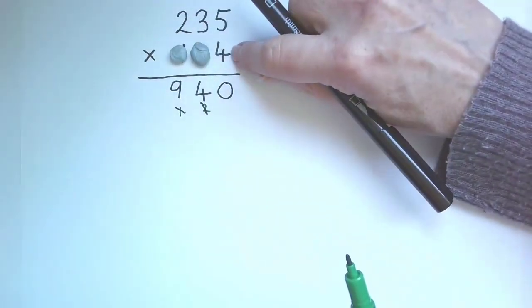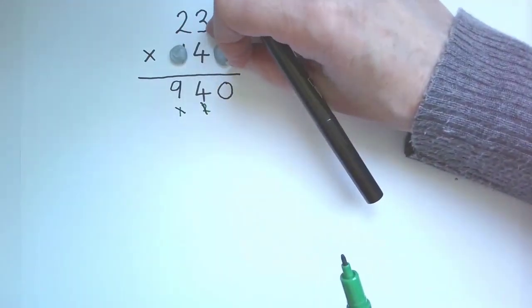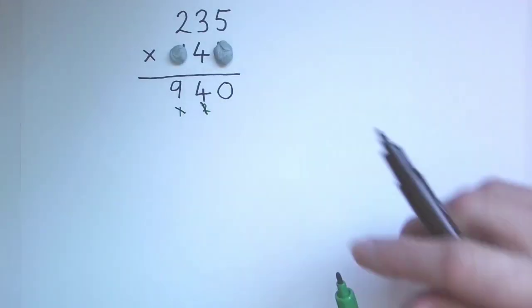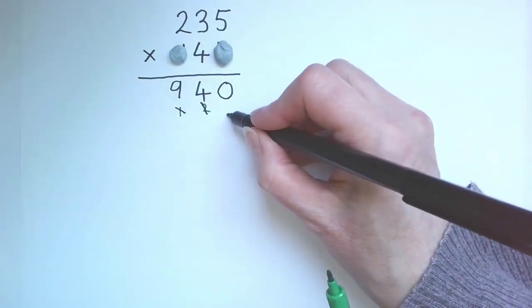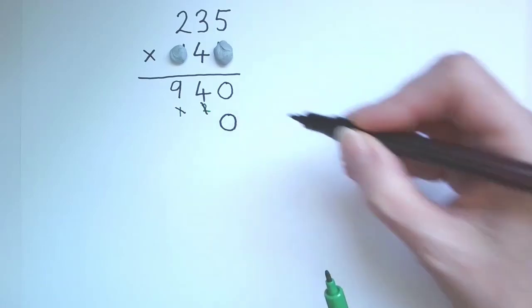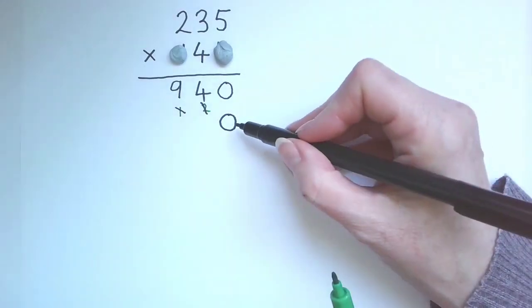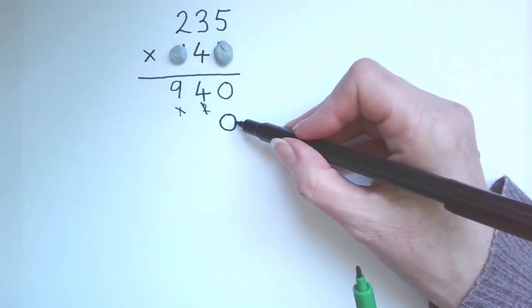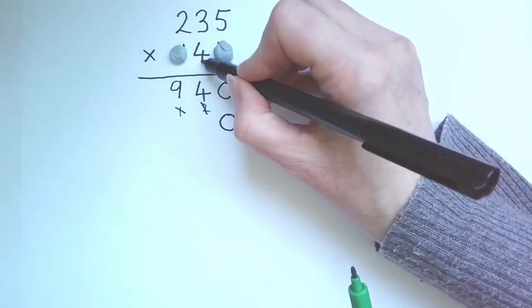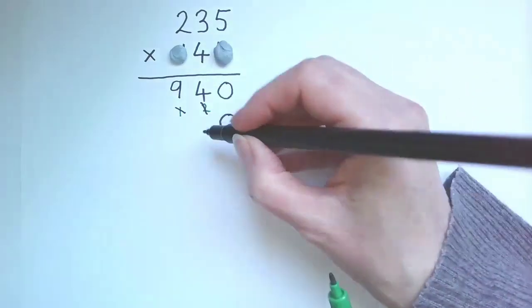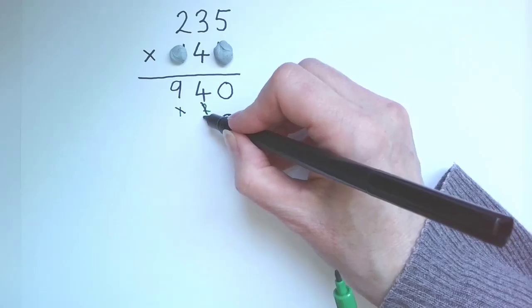Now I've multiplied everything by my ones digit, so I can cover that up. And that reminds me, I'm working with my tens digit, so I need to use a placeholder in my ones column. And I can look at 4. 4 multiplied by 5 is 20.